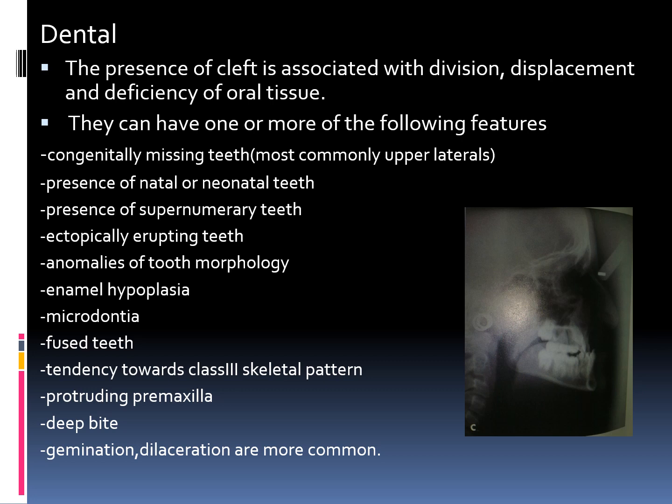Enamel hypoplasia, microdontia. A tendency to mostly present as a class 3 skeletal pattern. Protruding premaxilla, because of the lack of fusion, the front of your maxilla tends to protrude. Deep bite, gemination, and dilaceration are also more common.